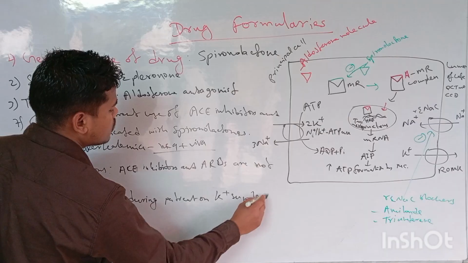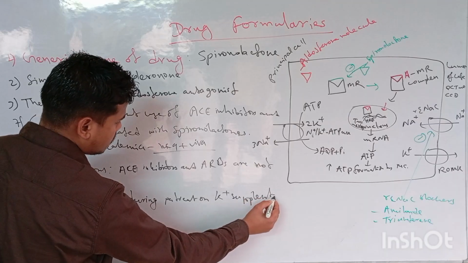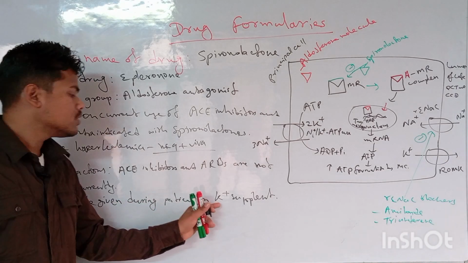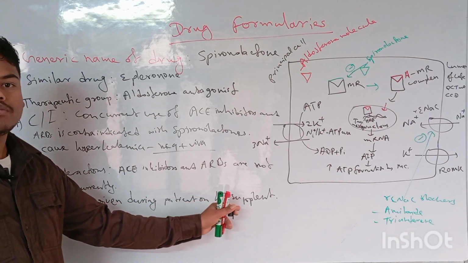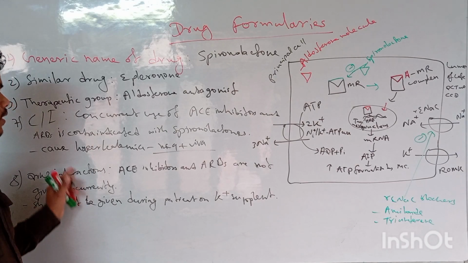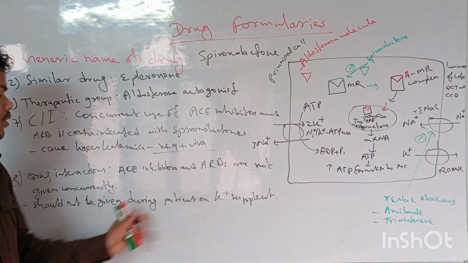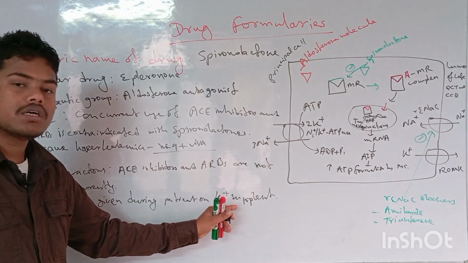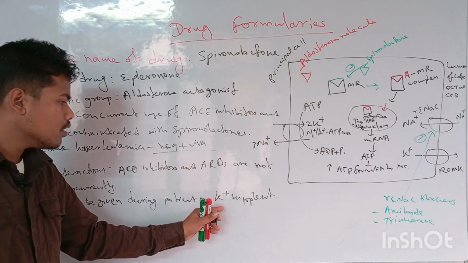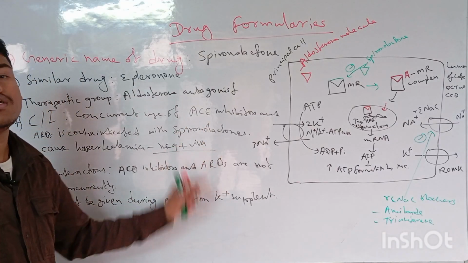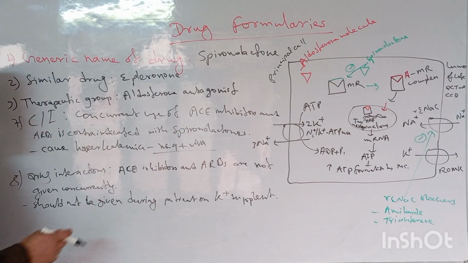If the patient is having potassium supplement, it means there is already enough potassium in the body, and if given this spironolactone, this will further lead to increased concentration of potassium inside the body. So in that case, this drug is better to avoid.